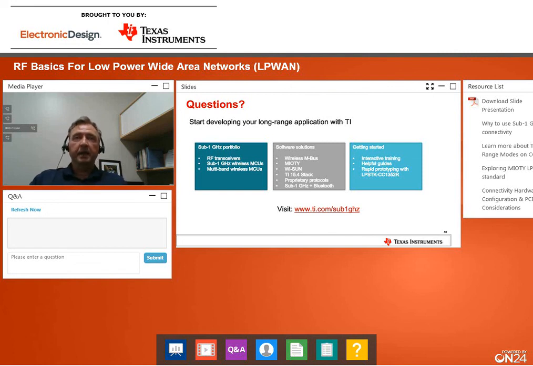Yes, so it is. So coaxial cables and the loss of anything until the antenna is very important. Typically, for most of these LPWAN installations, they are quite small, so the cable loss itself typically is not that big.